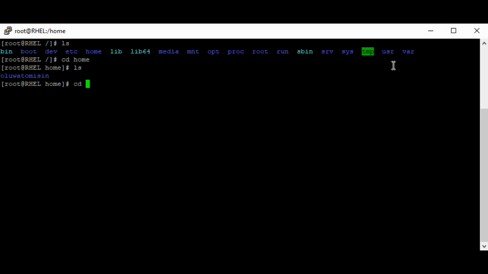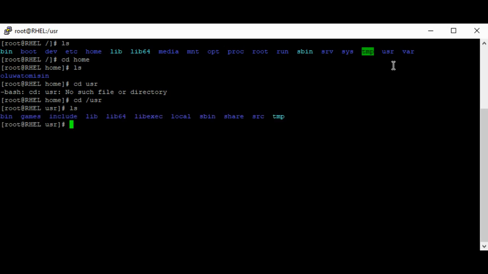So if I go to the usr directory, you can see sbin. This is sbin. This is bin. We said that sbin and bin are applications that are necessary for the system to function.